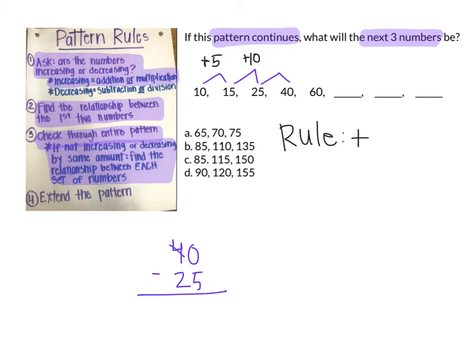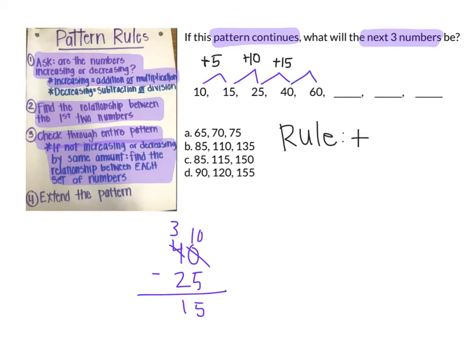My 4 becomes a 3. And when I give that 10 to 0, we've got 10. 10 minus 5 is 5. 3 minus 2 is 1. So we've got 15. So 25 plus 15 is 40.